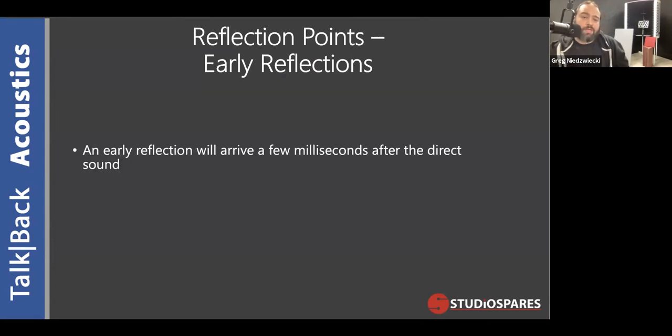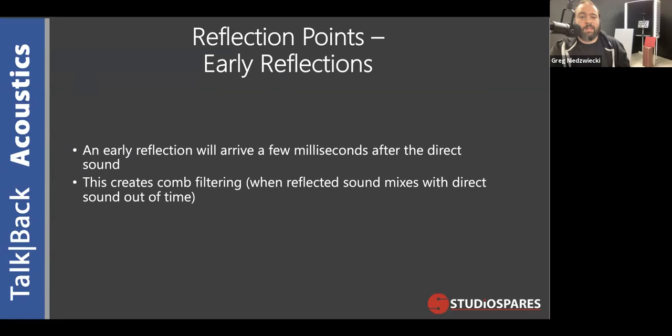Basically what we're doing is treating these reflections that arrive a few milliseconds later than the direct sound. This is because when you get a reflected sound mixing with the direct sound, you get a phenomenon called comb filtering, which is essentially where the reflected sound and the direct sound don't line up with one another, and it can cause frequency cancellation.